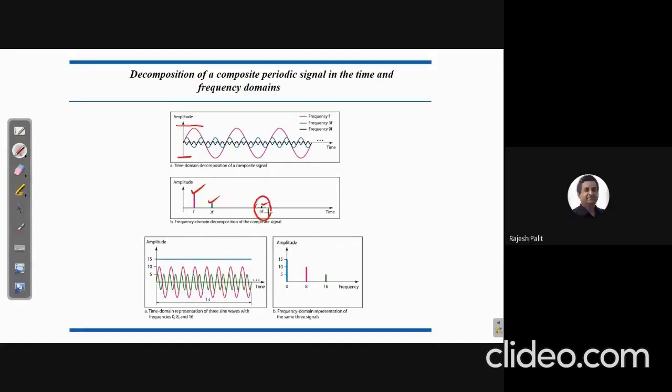If we consider all 3, with f equal to 100, say 1000, and so on, we need to sample 18,000 per second. The sampling rate should be 18,000.